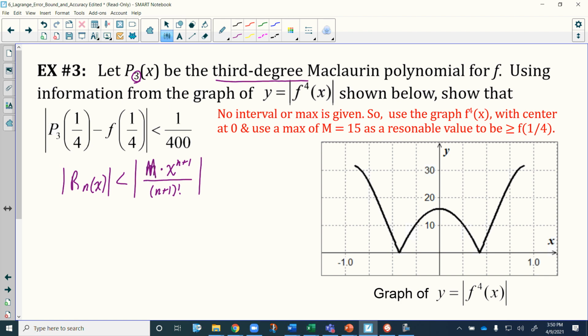And whatever that error is, that error has to be less than 1 over 400. So let's take what we know.